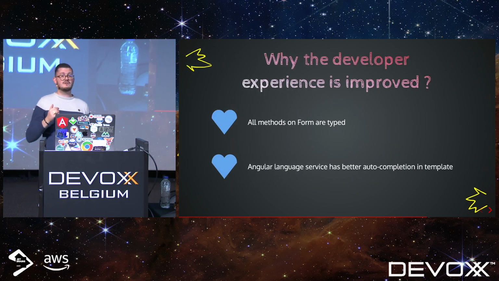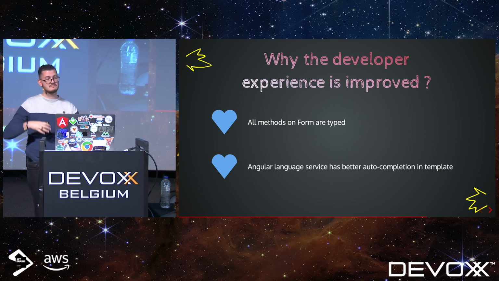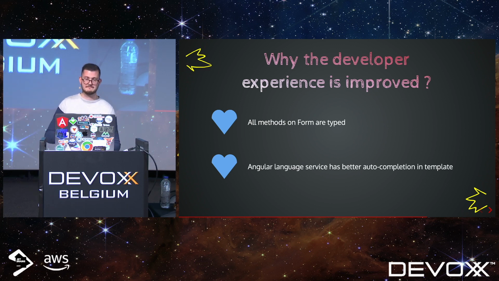So why is the developer experience improved? Because now all methods on forms are typed, so no magic strings. You have better auto-completion in your TypeScript file, so this is very cool. And of course, the Angular Language Service has better auto-completion in templates. Okay, so now it's very easy to create forms and you can do it very quickly because everything is auto-completed.